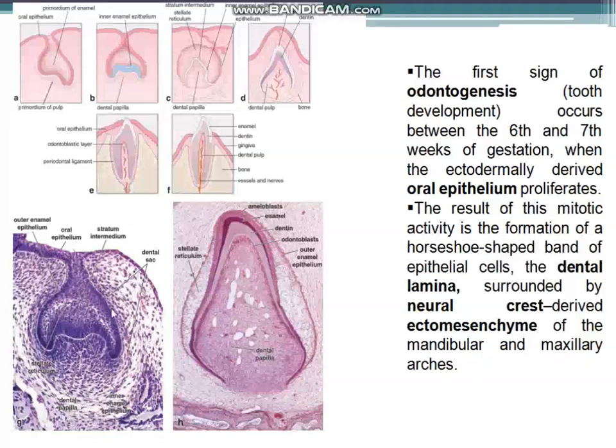The innermost cells of the dental sac will develop into cementum, and the outer cells of the dental sac will develop into the periodontal ligament. So we know now that of all these structures that I mentioned today, just the enamel organ has ectodermal origin.